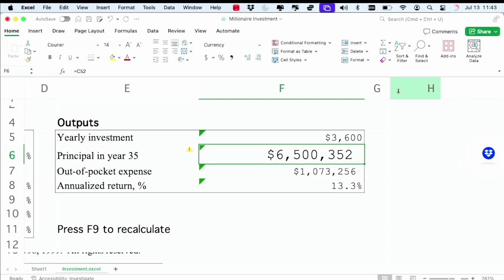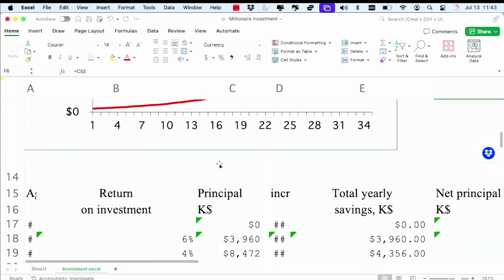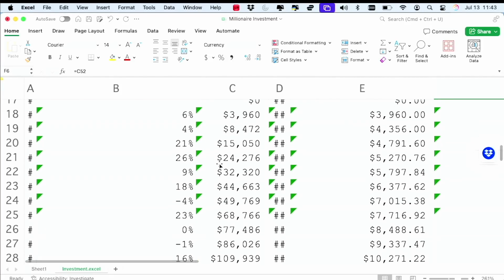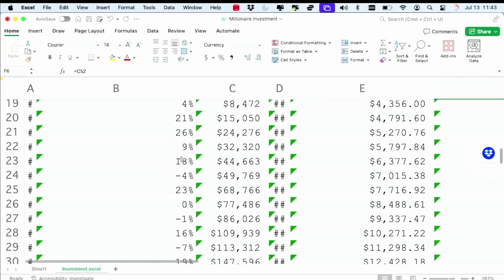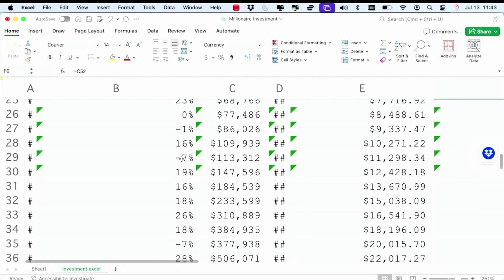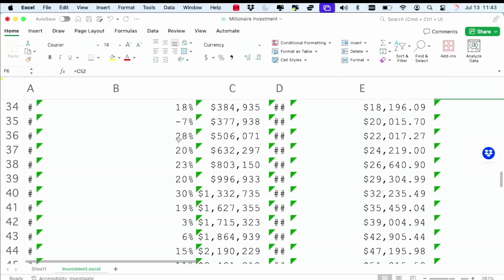That's incredible. But if we go back down here and we look at that series of returns, I'm sure we'll see a lot of very high double-digit positive returns and very few negative years. And lo and behold, yeah, that's exactly what we're seeing here. Multiple years where we've got 20, 20, 28, 20, 23, 20, 30, 19.